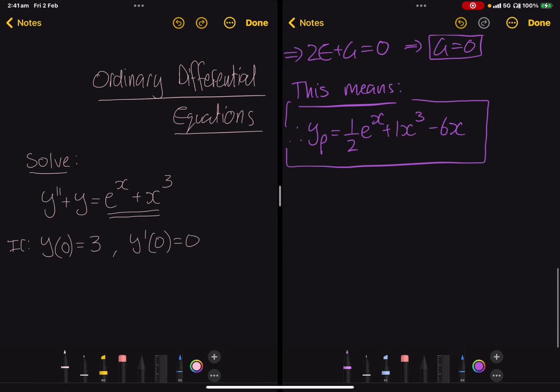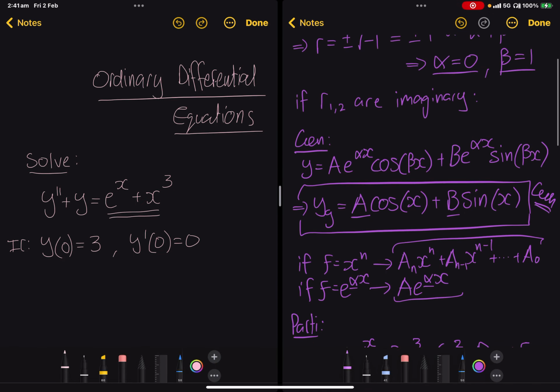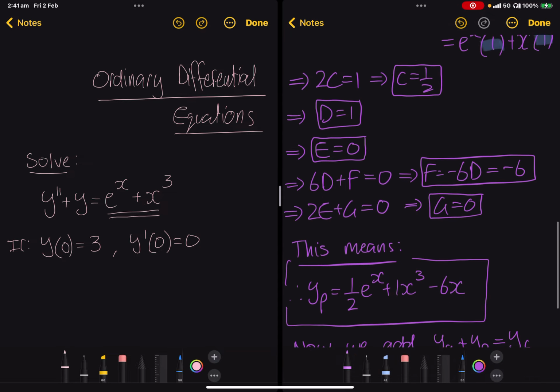And so now we can find a full solution. Now we add y general and y particular, and this will equal y full. So this will be our full solution set. So this implies y full is equal to the general, which we found all the way up here, found ages ago, was a cos x plus b sin x.